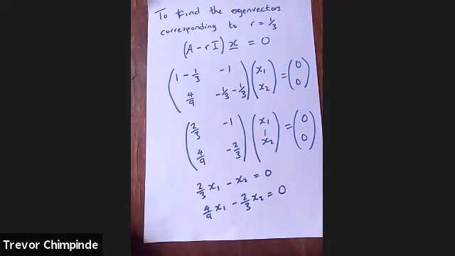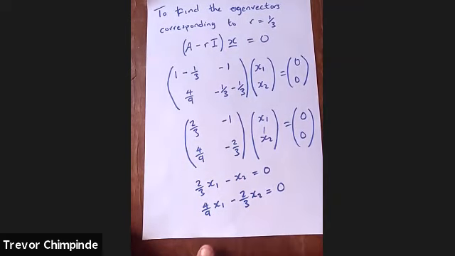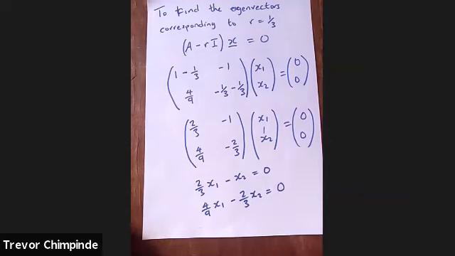Then what do we notice here? Notice that these two equations are actually the same, or one is a multiple of the other, because if you multiply the second one by 3 over 2, you get exactly equation 1. So we can just work with 1.